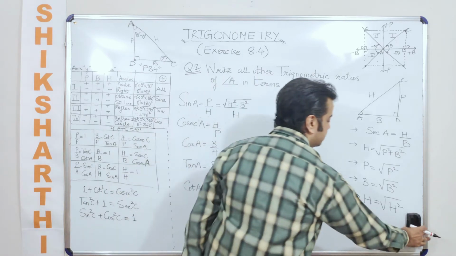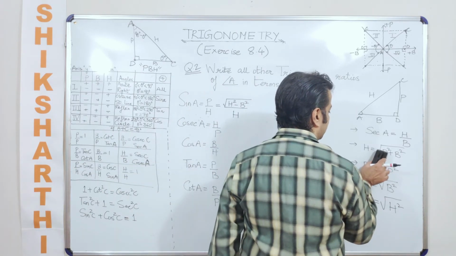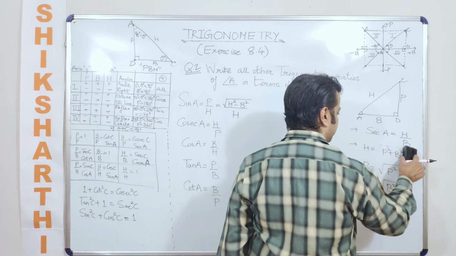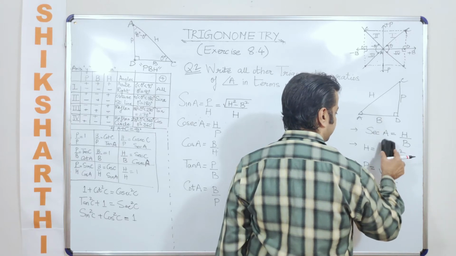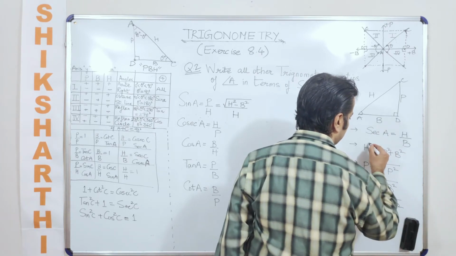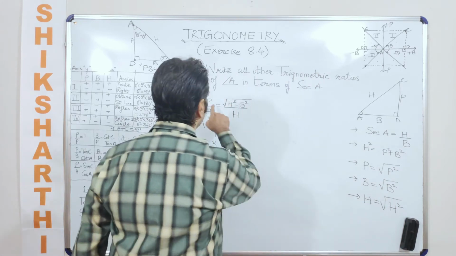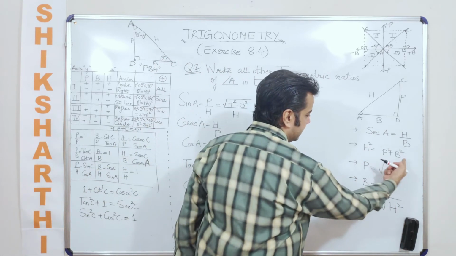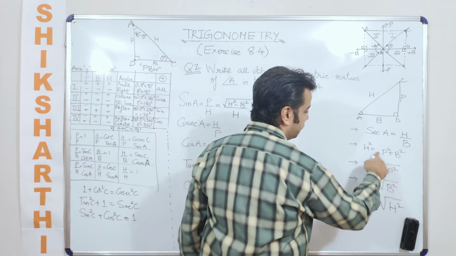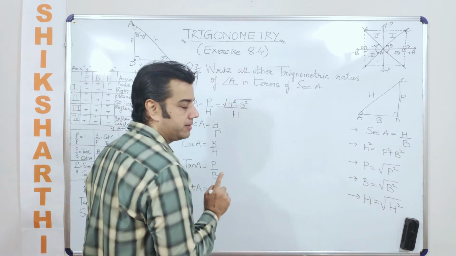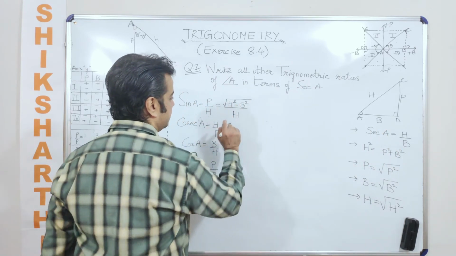Once you get this, now you come to know that you may require this as well. Right? And just to be more emphatic here, you can change this, or you can let it remain. If you know how to do it, you can let it remain like this, or you can write down this Pythagoras theorem. From here, you can get the value of p square, which is h square minus b square, and the value of b is nothing but under root of p square. So which is what you get.